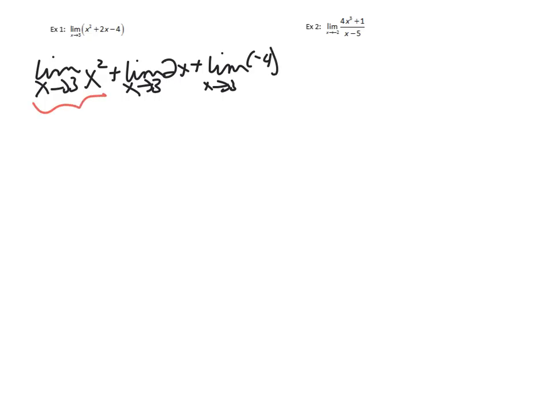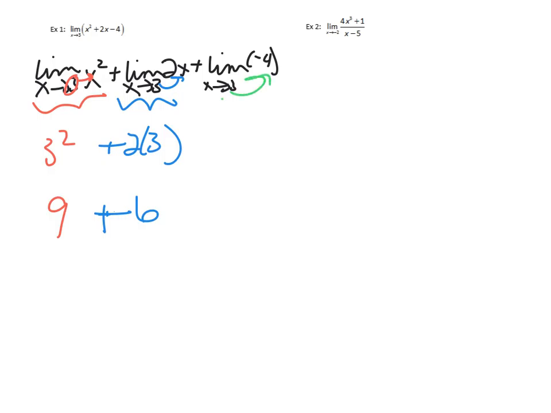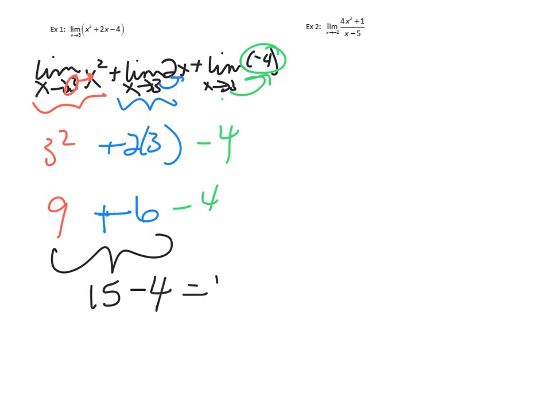All I have to do is plug in 3 here. 3 squared gives me 9. Here, 2 times 3 gives me 6. And the limit as x approaches 3 of negative 4 is just negative 4. So my 9 plus my 6 is 15, minus 4 gives me 11.